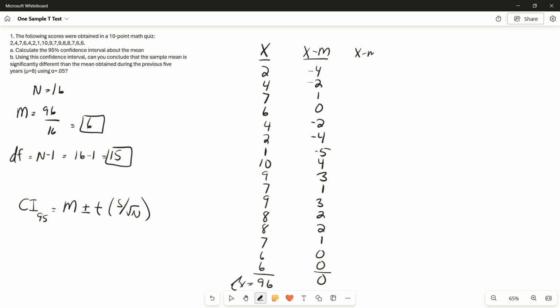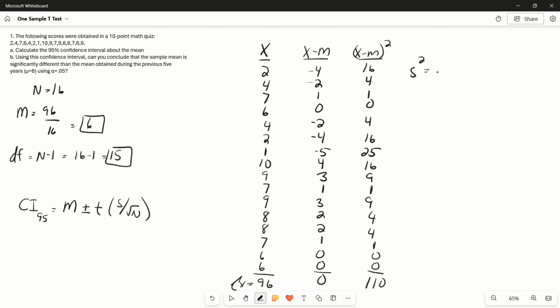And then we're going to square this column. These problems are a little bit longer than I would ask you to do on the exam. So add up the sum of squares, I get 110.